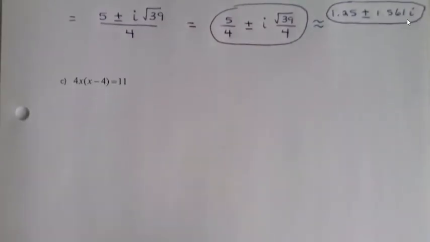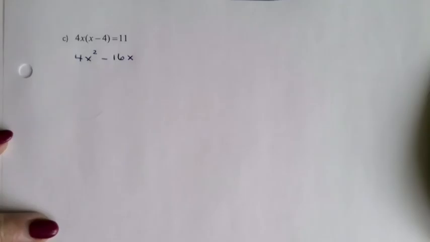All right, I've got one more specifically quadratic formula problem. And again, as I look at this one, first thing I'm going to notice is it's not in standard form. So I'd have to distribute the 4x squared minus 16x.